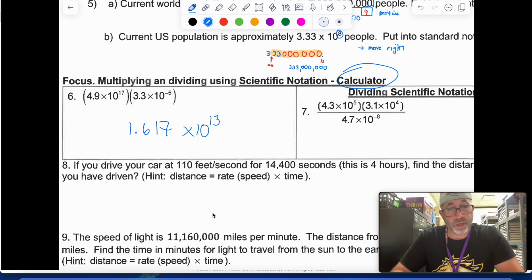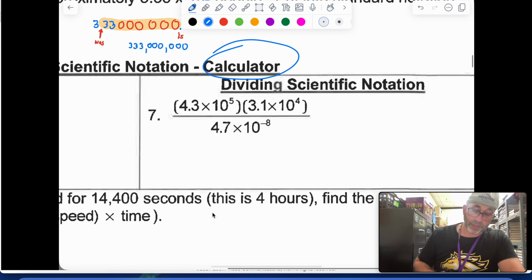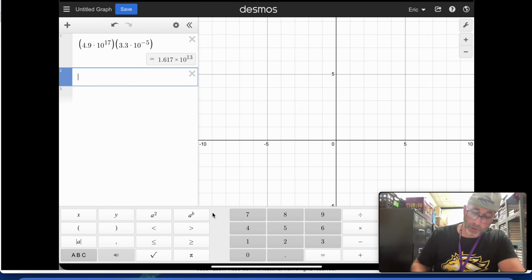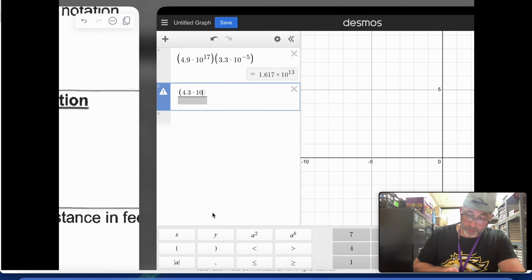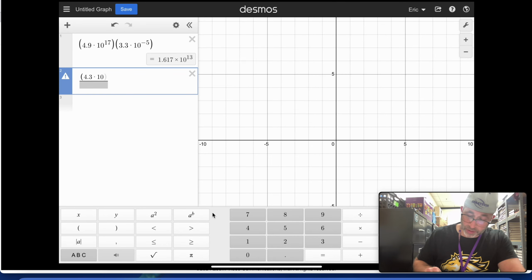All right, just straight throwing it into the calculator, all right? Next one, 4.3 times 10 to the 5th. So to create that fraction, let's hit the division button that's right there first. So that'll create that fraction right there. And we're saying 4.3 times 10 to the 5th power.